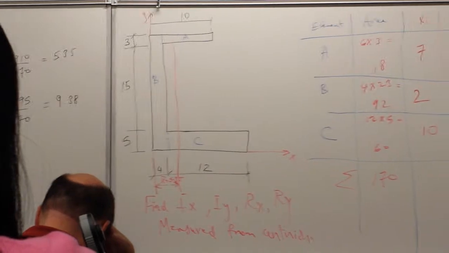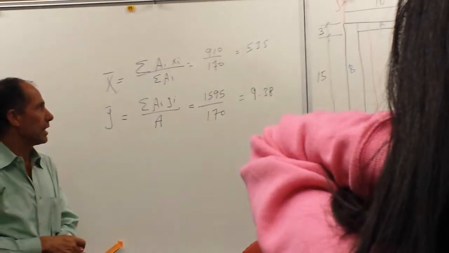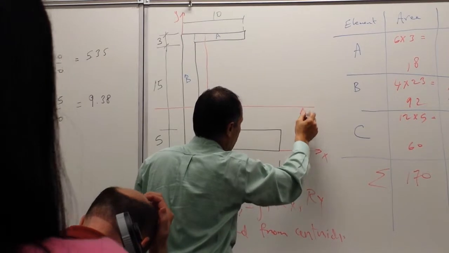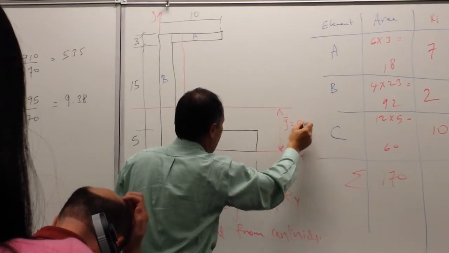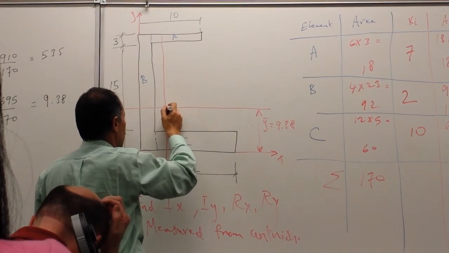Let's look at Y. Y bar is 9.38, somewhere in here. This is the center of gravity.